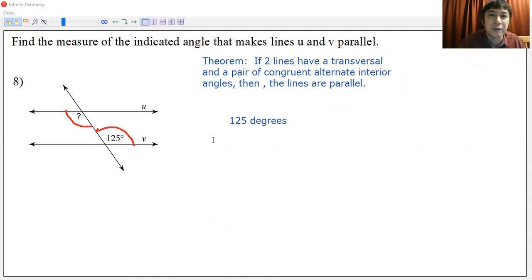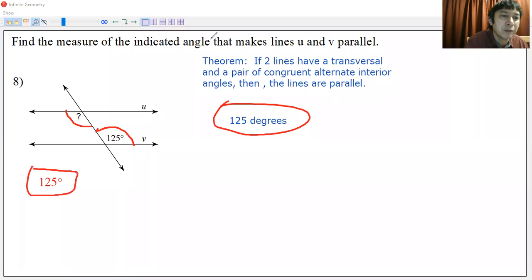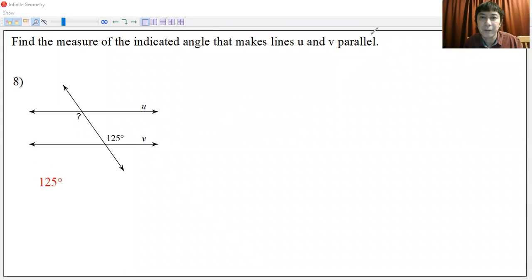And we can verify that. At the lower portion of the diagram, the computer displays the answer. It's 125 degrees also. Our answer is correct. Number 9 now. Let's continue with number 9.